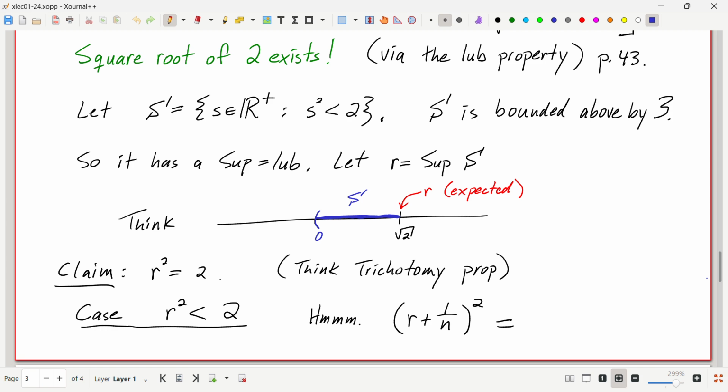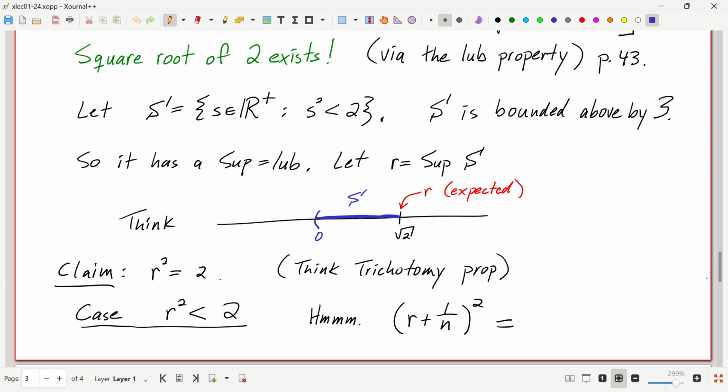We know the trichotomy property of real numbers: if r is the supremum of that set, then either r squared is equal to 2, less than 2, or greater than 2. Those are the only possibilities. And we're going to see that we can deduce contradictions if r squared is less than 2 or greater than 2. Last time I handled the case r squared less than 2.